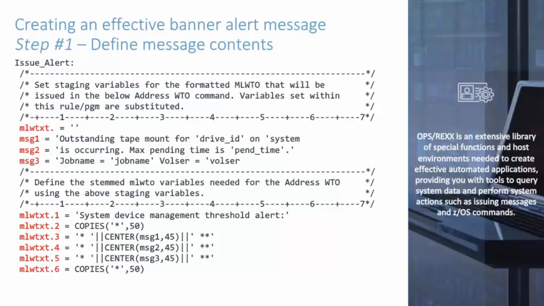Note the second and sixth stem variables are creating this surrounding flower box on the alert. And then within the remaining stem variables that contain the data lines that were previously defined, the CENTER REXX function is used to center the contents of the data, bookended by asterisks to complete the flower box presentation. Again, the number of stem variables used for the message will be dependent on the number of data lines that are to be generated for your alert.